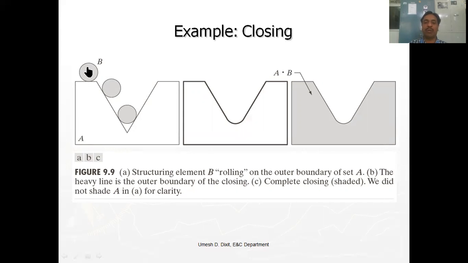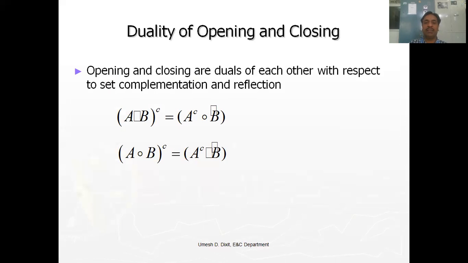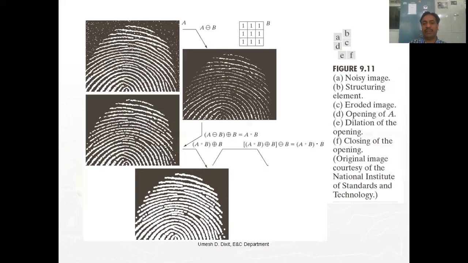When we apply closing, it is as good as rolling the structuring element B outside the original image A. So the result of the closing operation will be like this. In general, opening and closing are dual to each other; they have the duality property.